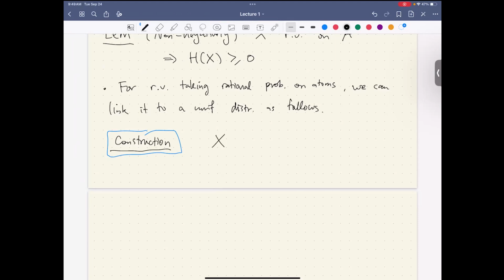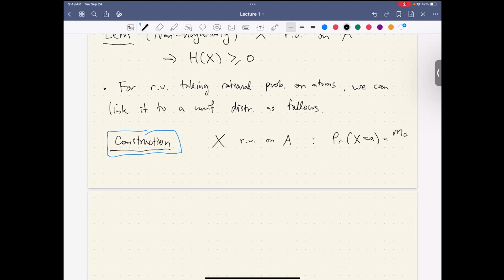Suppose X is a random variable on A, where the probability that X equals a takes rational values on atoms.